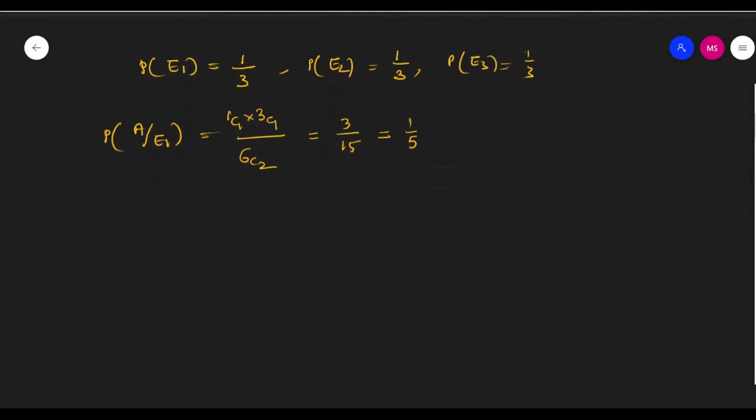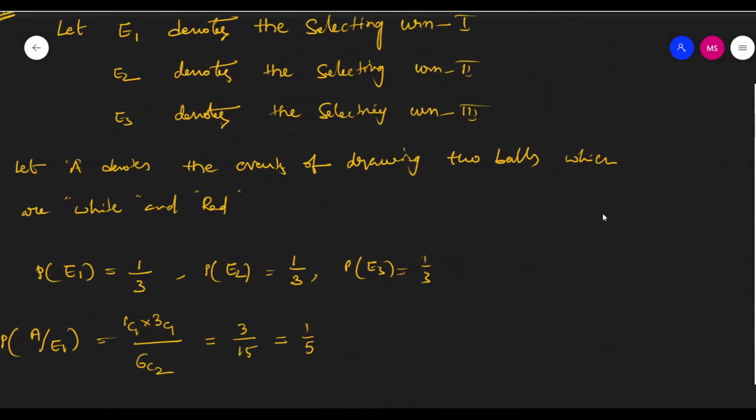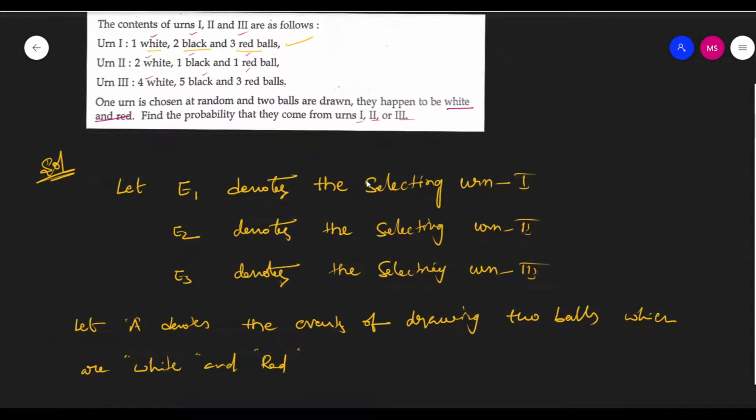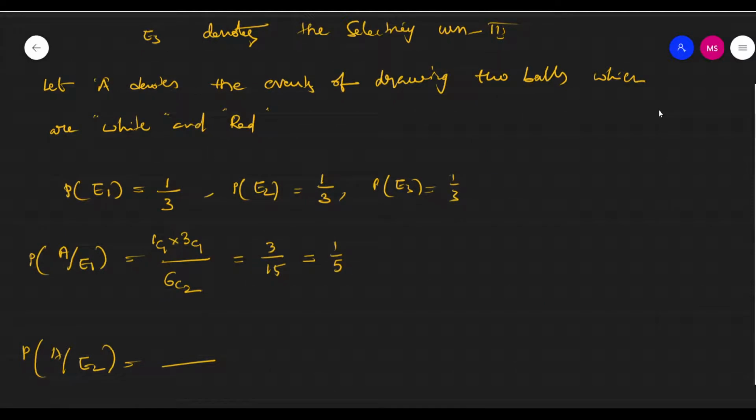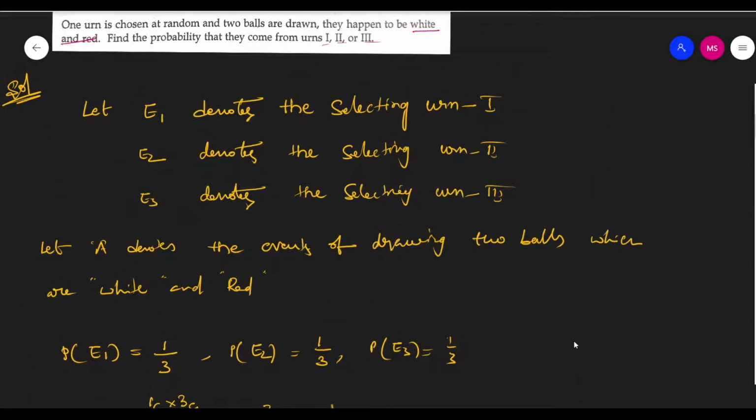Next, the event A in urn 2, P of A given E2. The total balls in the second urn are 2 plus 1 plus 1, so 4 balls. If I select 2 balls, this is 4C2 ways. You select one white and one red ball.